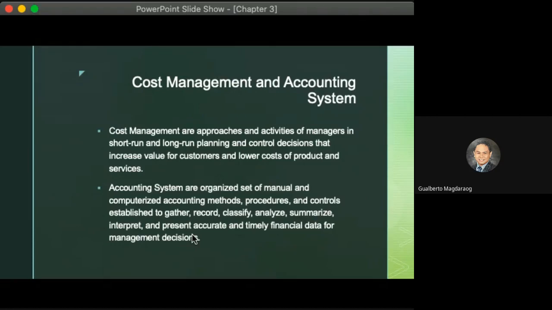Of course, kung hindi accurate yung input ng data mo, ang output doon hindi na rin accurate. Kaya naka-embedded doon sa data, sa information mo, yung qualitative characteristics. But comparing it to cost management, this is broader in scope.